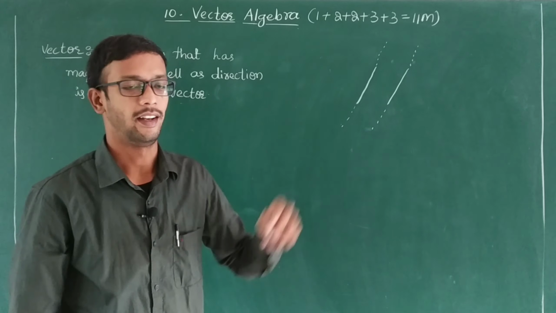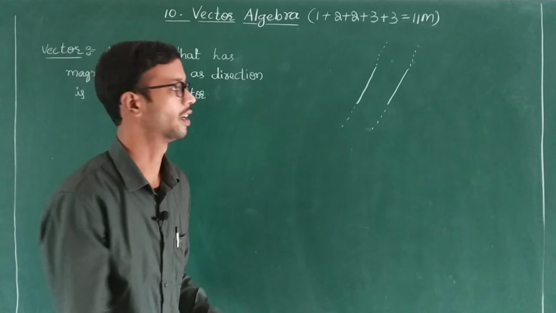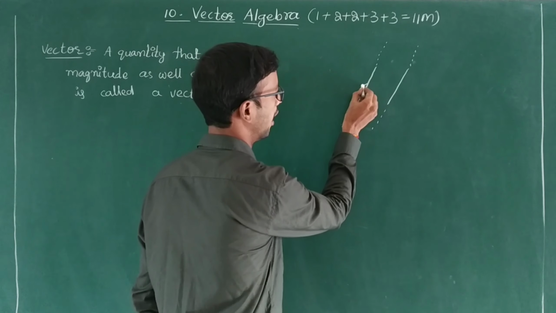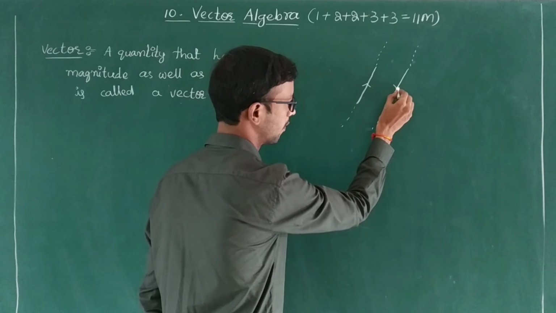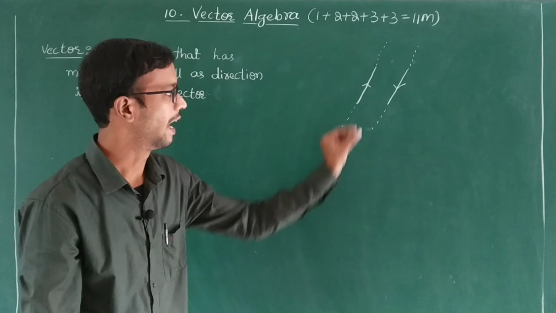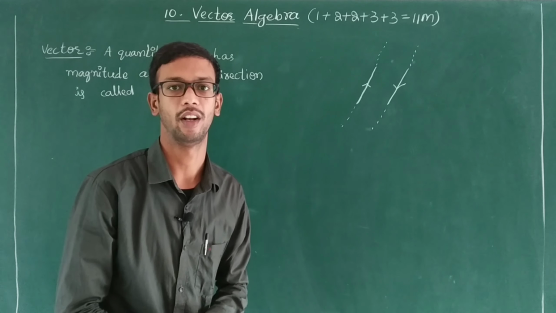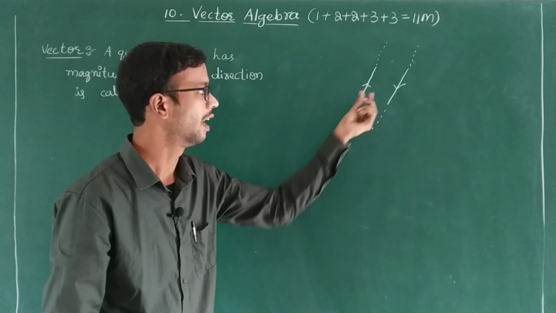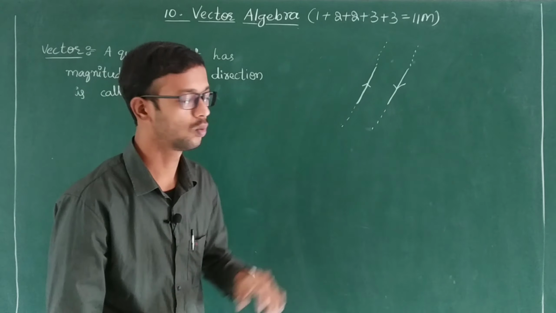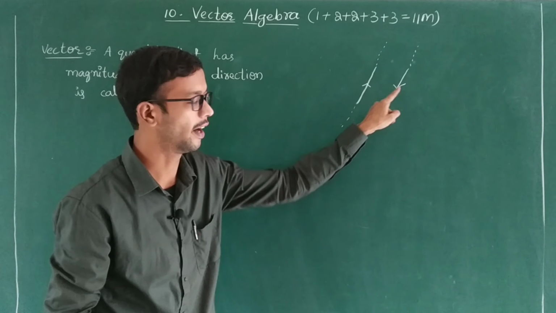These are the two lines. We can indicate the lines by two arrowheads, so two directions we get. By arrows, we can indicate the line direction. So direction is there here, upside and downside.